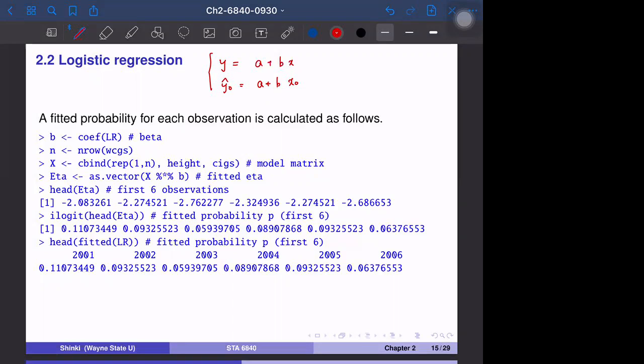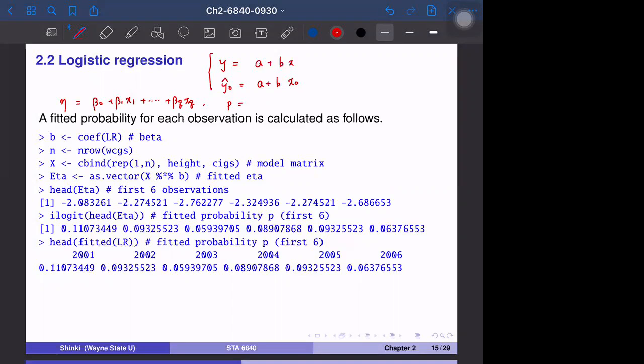So this is useful. In logistic regression, we want to do the same thing. But one complication is the logit function. Remember that in logistic regression, eta is a linear combination of beta 1 to beta q times x1 to xq, but this eta is also a transformed version of p.